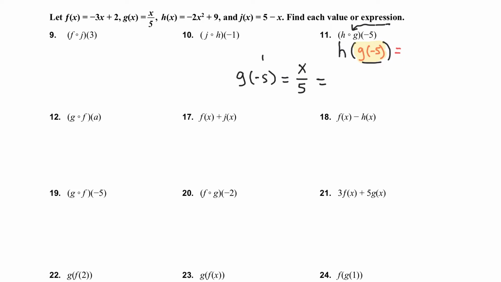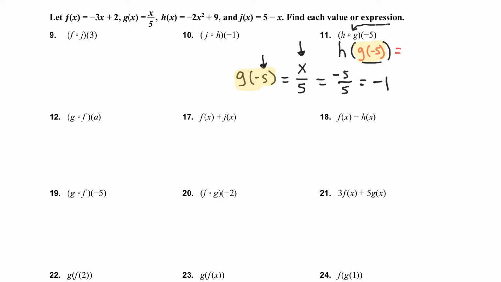So the negative 5 will become the input. You have to put negative 5 in for x. So you have negative 5 over 5, which becomes negative 1. So g of negative 5 has an output of negative 1.